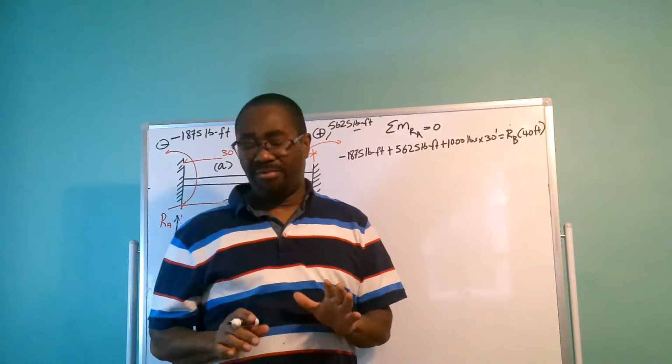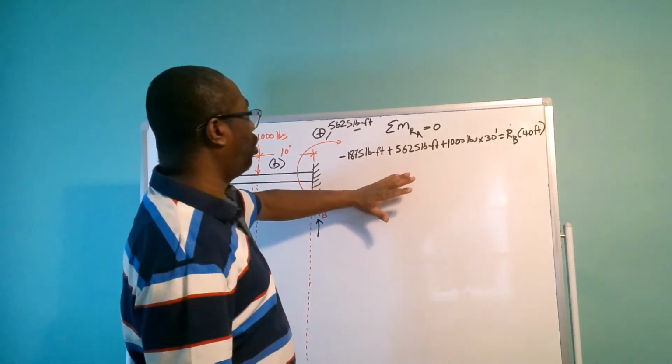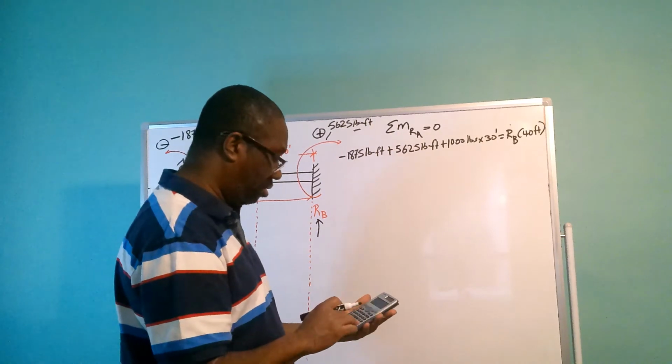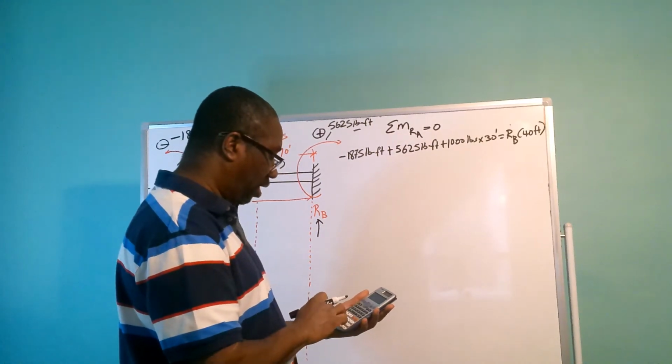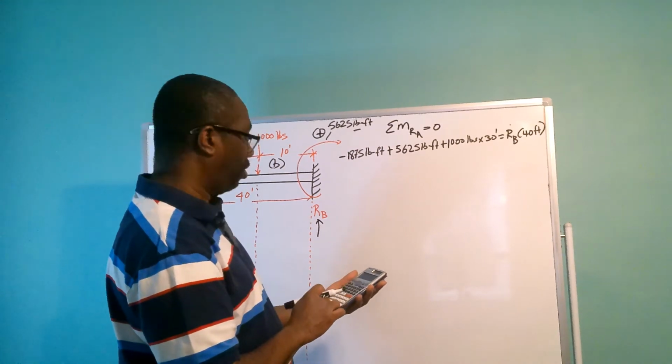In solving for RB, if you should plug this into your calculator, let me do it for you. So we have here minus 1875 plus 5625, right?